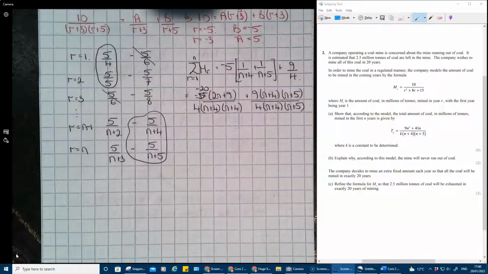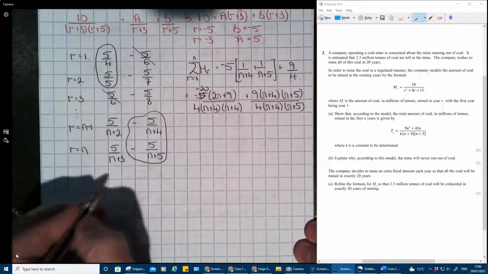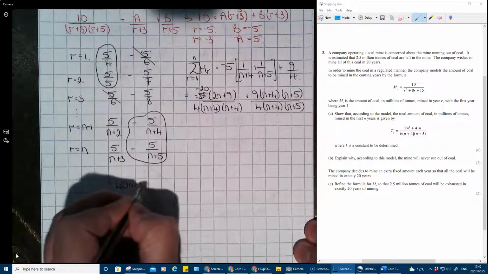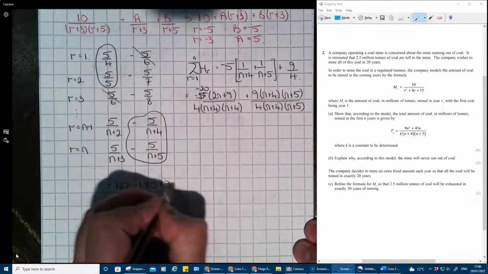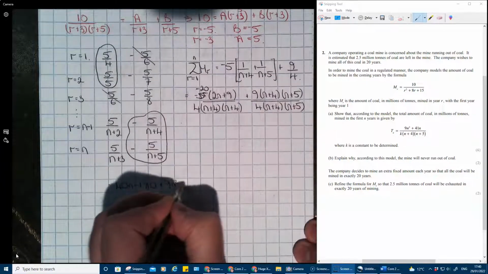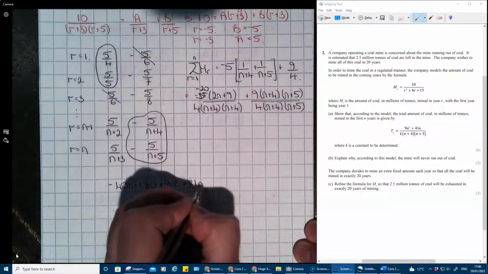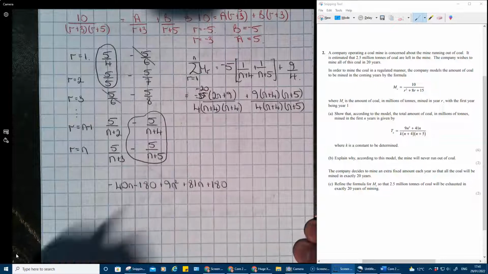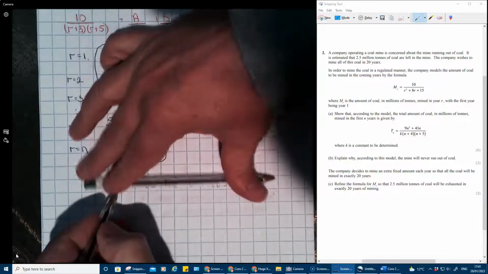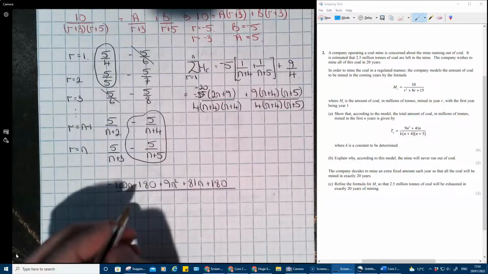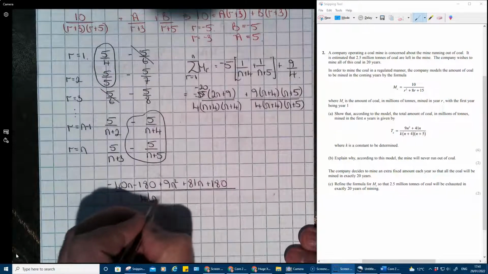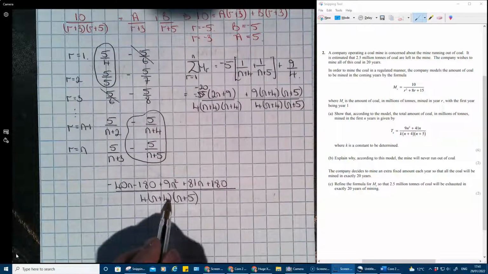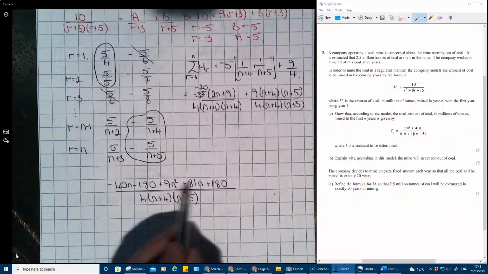So I've got a common denominator now. Let's write it down here. So I've got minus 40N minus 180 plus 9N squared plus 81N plus 20 plus 180, all over 4(N plus 4)(N plus 5). I'm going to leave this factorised regardless, but it might actually cancel something at the top, you never know.